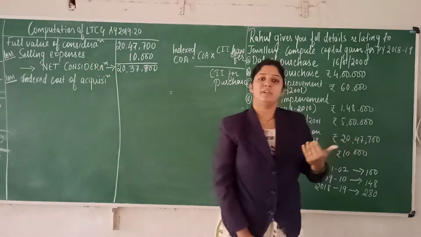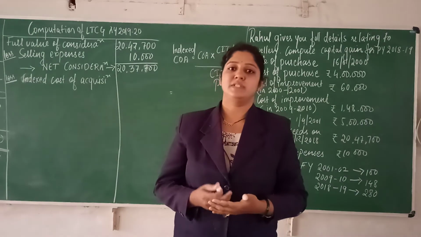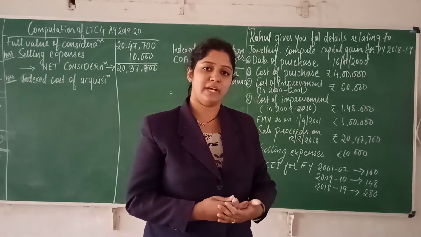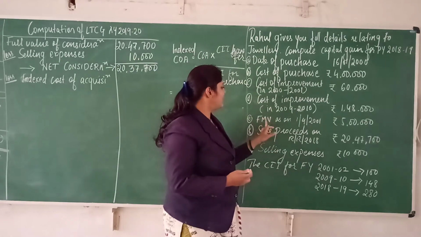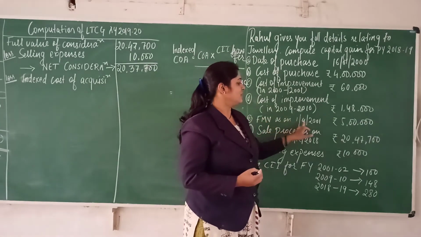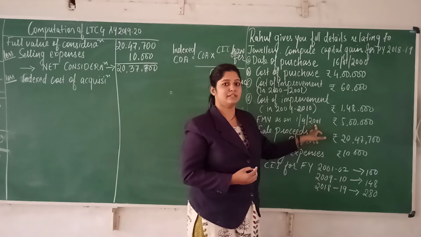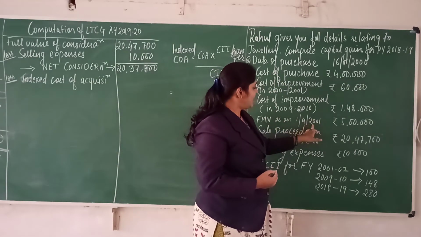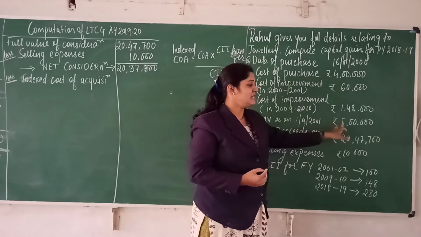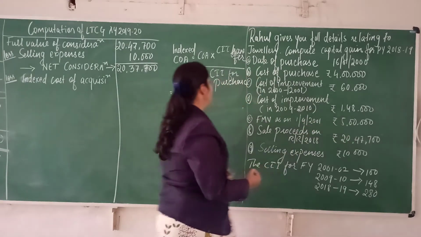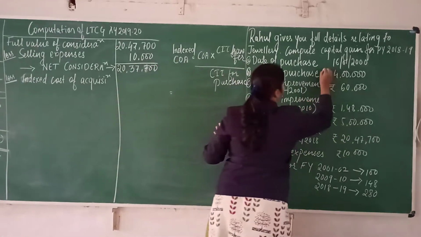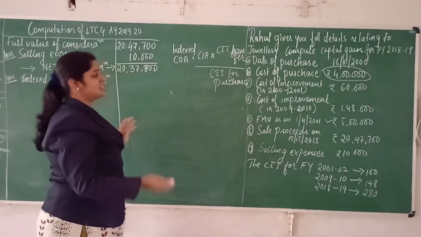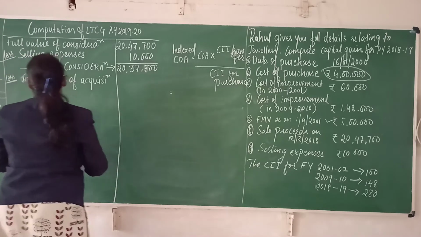What have we learned? If the asset is purchased before the base year or before 1/4/2001, fair market value of the same asset as on 1/4/2001 is taken. So, fair market value of the same asset as on 1/4/2001 is 5 lakh. So, instead of taking 4 lakh rupees, we are taking 5 lakh as the asset is purchased before the base year.